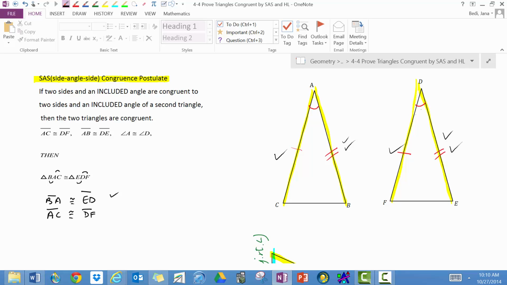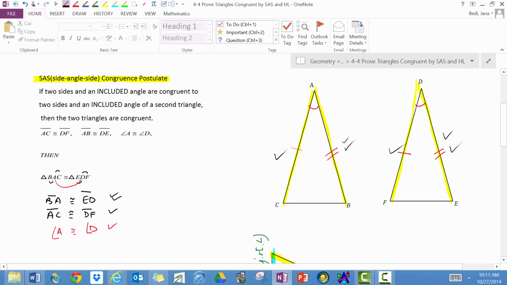And finally, according to the congruency statement, is angle A congruent to angle D? Angle A is congruent to angle D, and that is also a check. So BA and ED has two check marks. Segment AC and segment DF is one check mark, so these two are congruent.